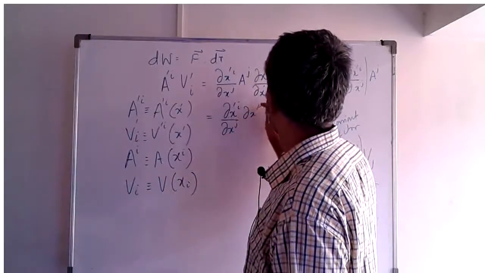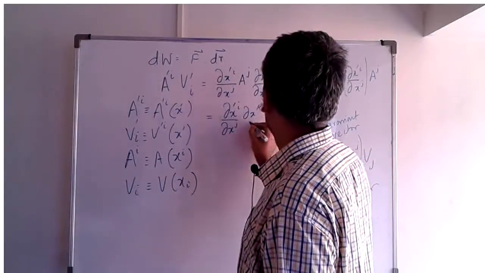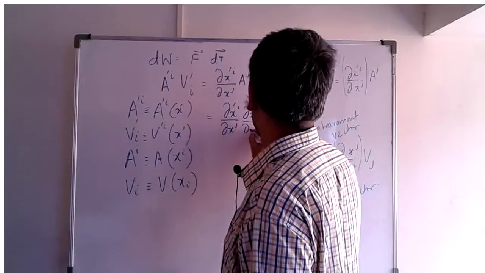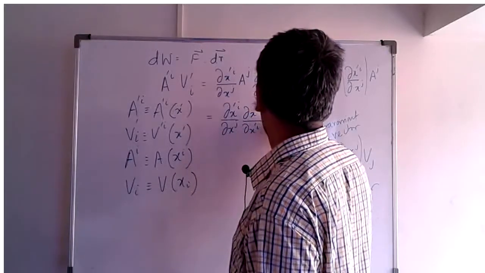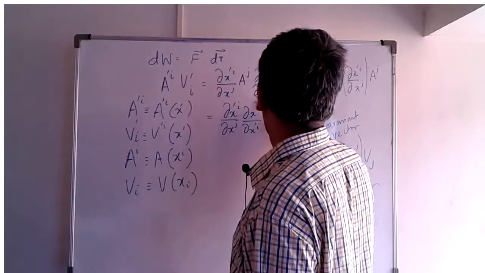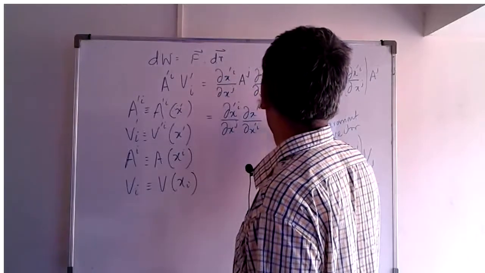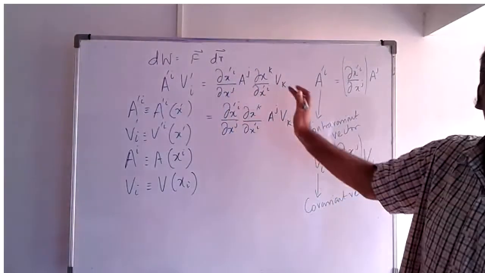So this is del x k over del x prime i, a_j v_k. These are numbers, you can commute.